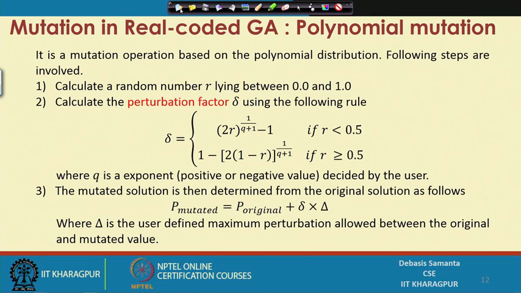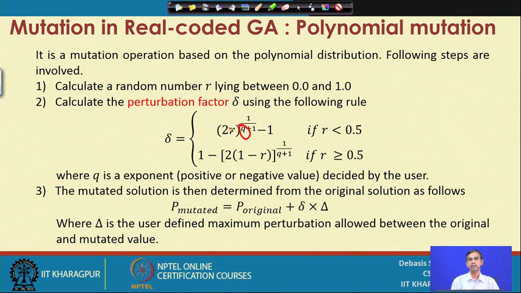And in this operation, another constant q is to be decided by the user. Like delta, we have to also decide one constant, and that constant can be based on the designer's or user's experience. Once you know the value of q, r can be decided at random, and accordingly delta can be computed, and then we will be able to use this formula. So, the mutated chromosome can be obtained using this formula from p original and delta.